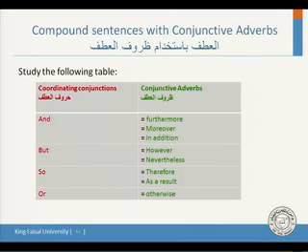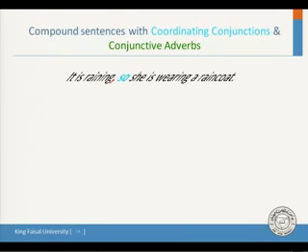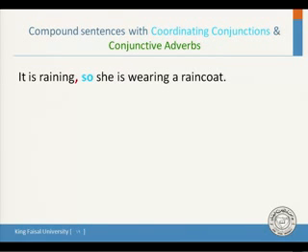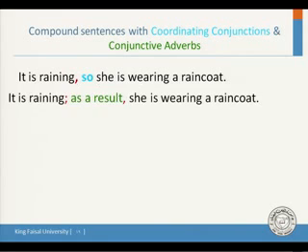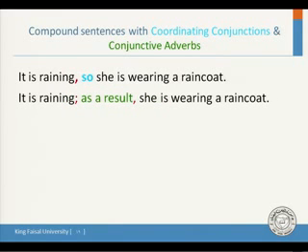Let's see some examples. It's raining, comma, so she's wearing a raincoat. You know this is a reason, comma, so result. She is wearing a raincoat. Compound sentence with coordinating conjunction. Now look at this. So means what? The table in the previous slide.